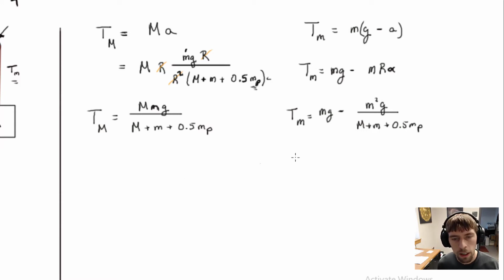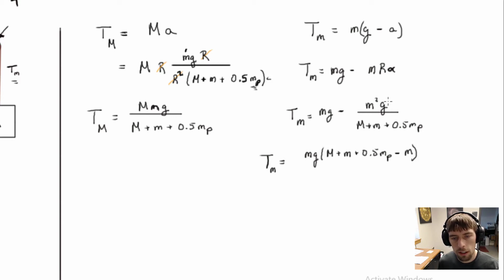Well, that's kind of ugly. Let's go ahead, find a common denominator. Why not? I'd have T m is equal to, well, common denominator. So this would be little m g times big M plus little m plus 0.5 M P minus m, right?